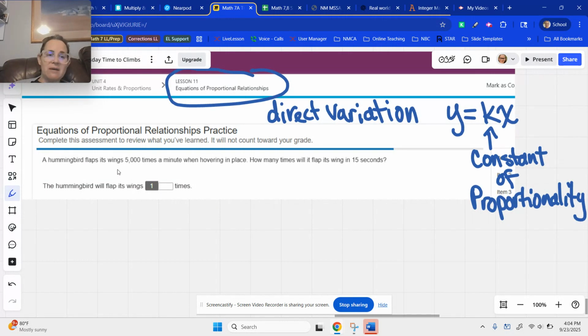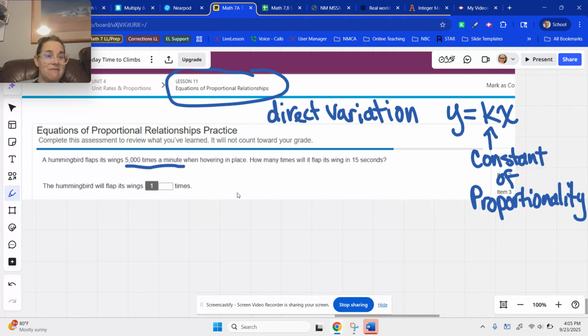A hummingbird flaps its wings 5,000 times a minute when hovering in place. How many times will it flap its wings in 15 seconds? Okay, so what I'm going to do first is look for that unit rate. I usually look for that word per, but they don't have it.